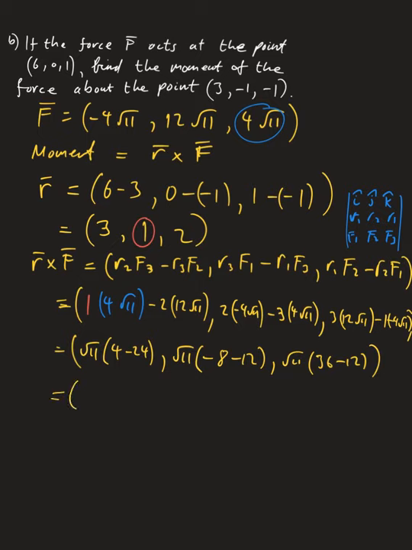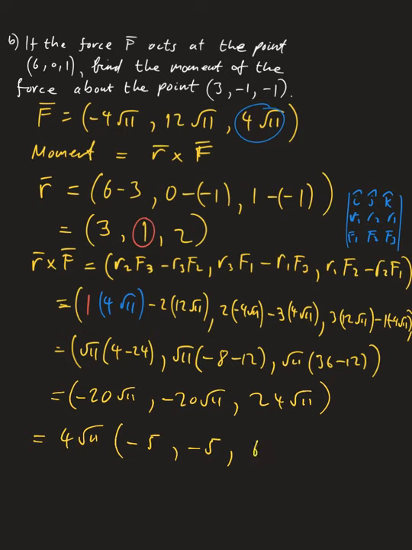I get minus 20 root 11, again minus 20 root 11, and 24 root 11. And if I want, I can take out a constant in front of 4 times the square root of 11, and then that becomes minus 5, minus 5, and 6 inside. So that is my cross product, and that vector is the answer to the question.